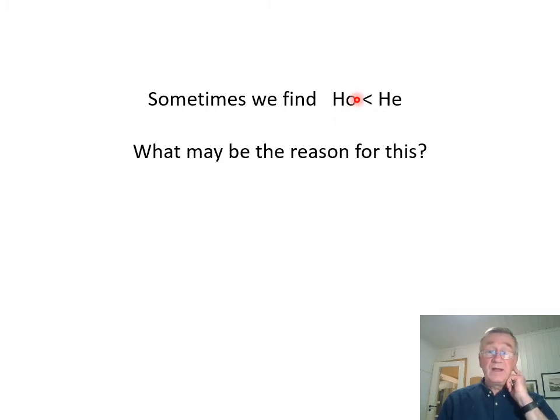What may be the reason for this? What could be the possible reason for that? Well, one reason could be what we call null alleles. What is a null allele?